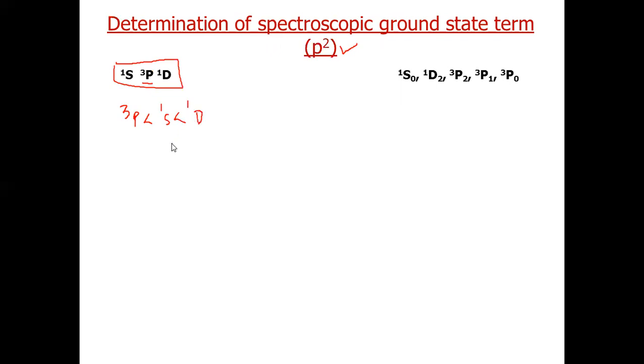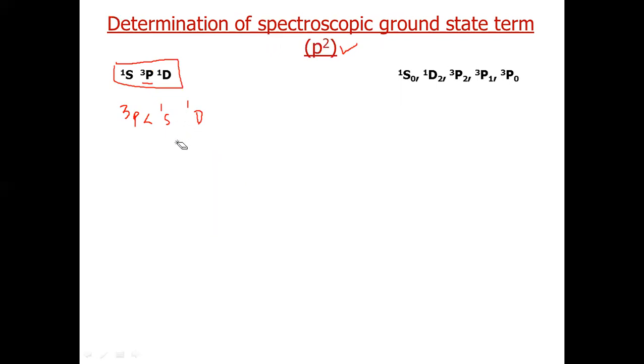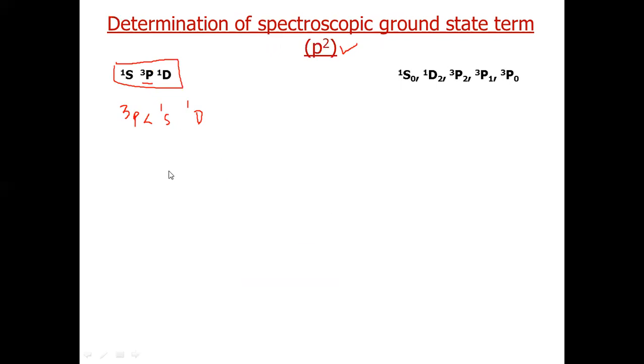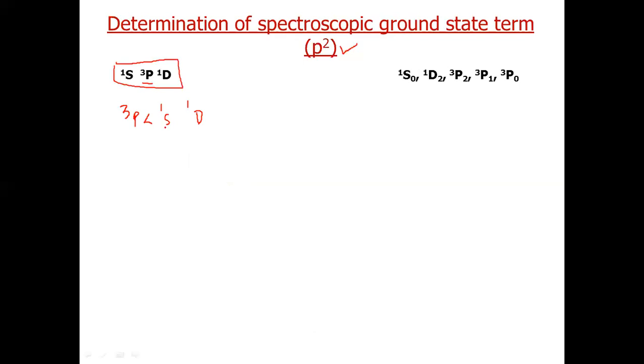But so far we know that 3P is less in energy than 1S and 1D. Why? Because it has a higher S value. Higher the S value, lower is the energy.